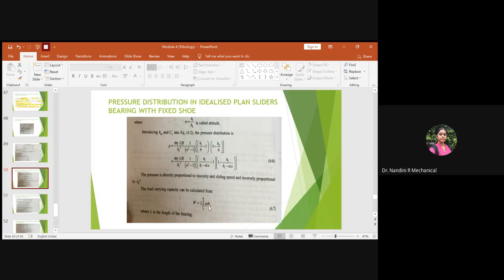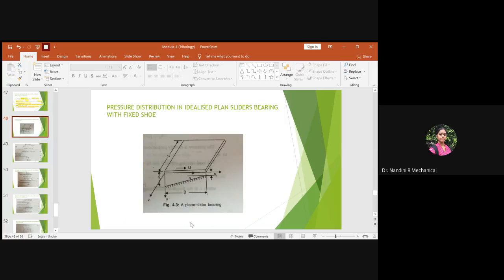So it is with respect to what? It is usually dP by dx, and hence we are taking P into dx over here. But you have to integrate for load carrying capacity as well. So you have to think about what is the lower limit and the upper limit for the integration. So you know that in the given sketch, the width of the surface is from this distance to this.